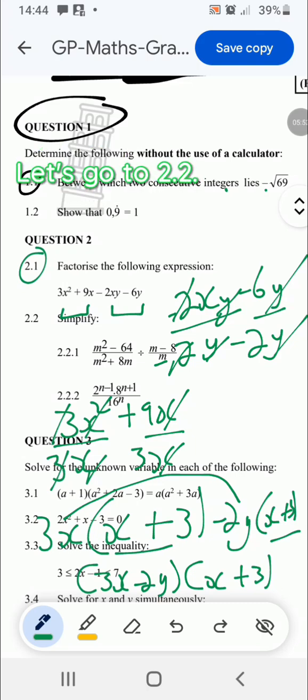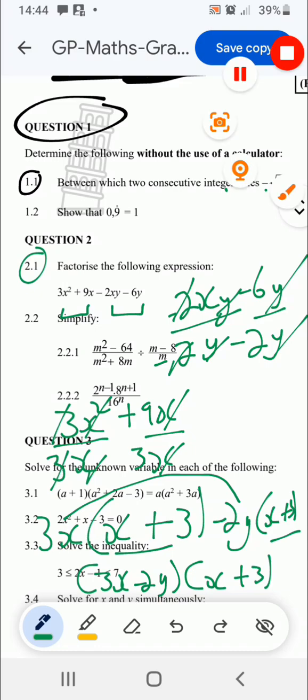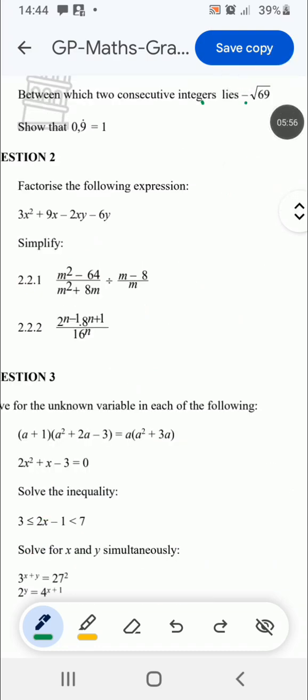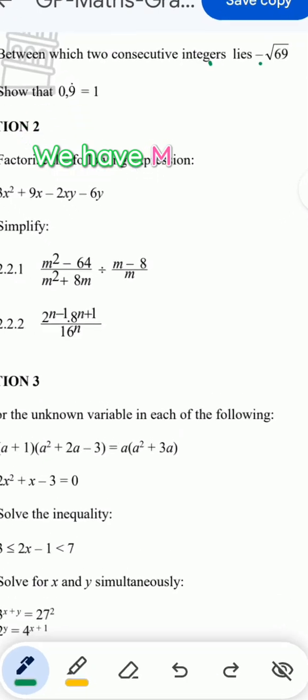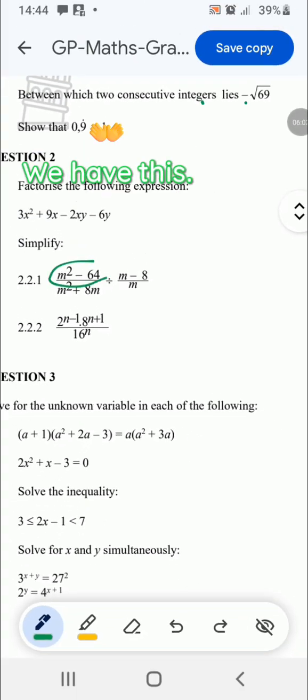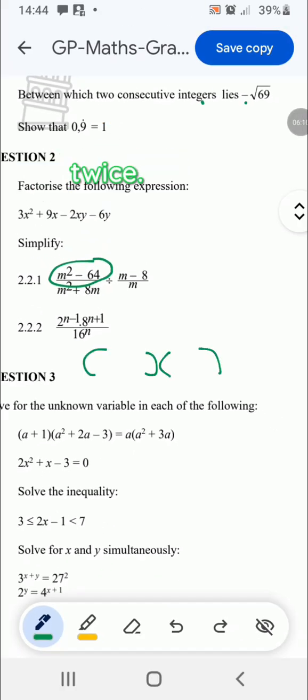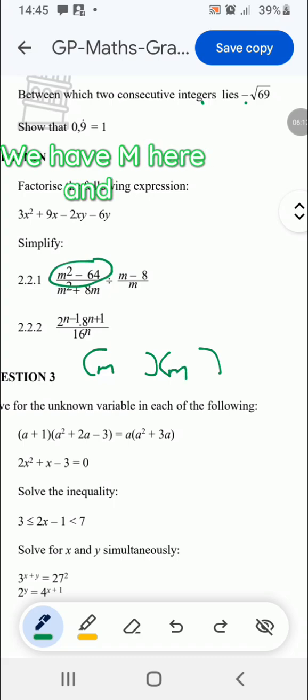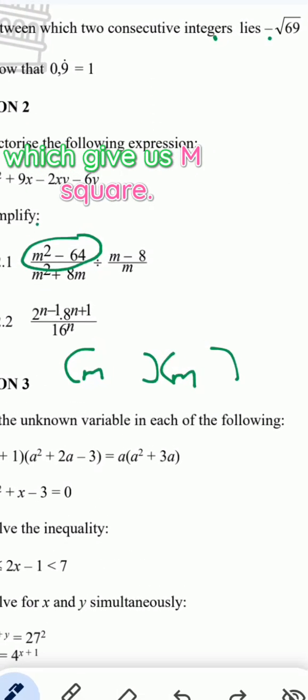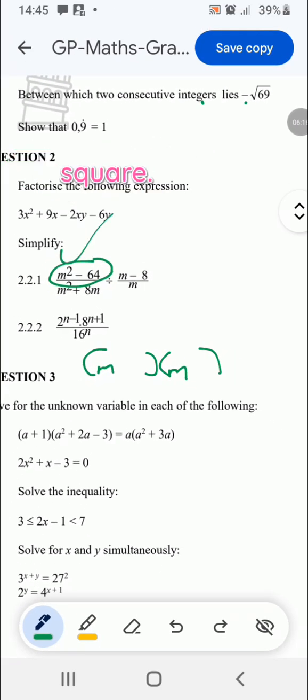Let's go to 2.2. We have m squared minus 64. We call this the difference of two squares. What do I mean? So we'll open our bracket twice. We have m here and m there, which give us m squared. That's how we got the m squared.